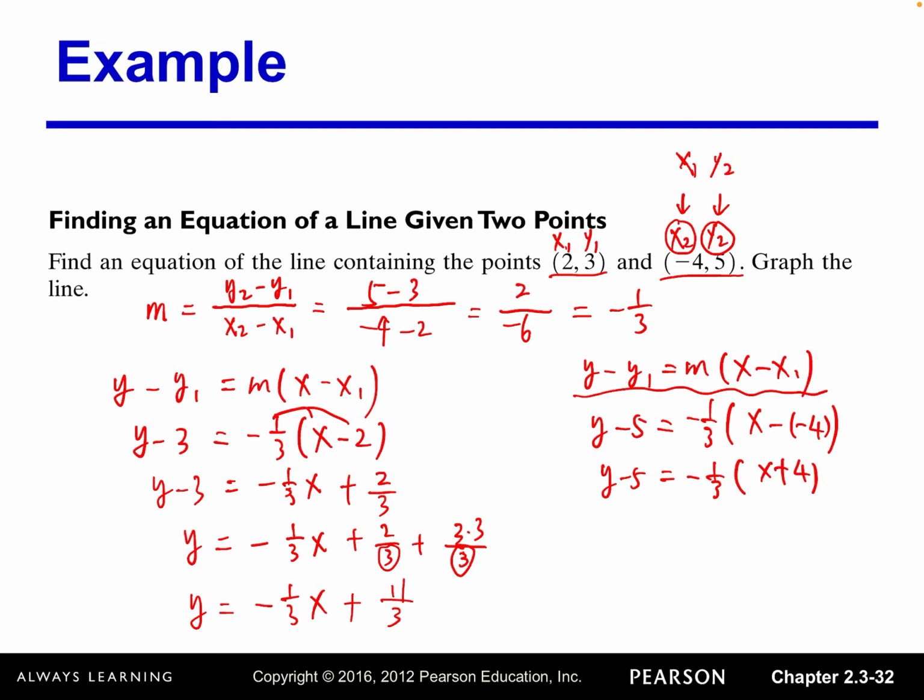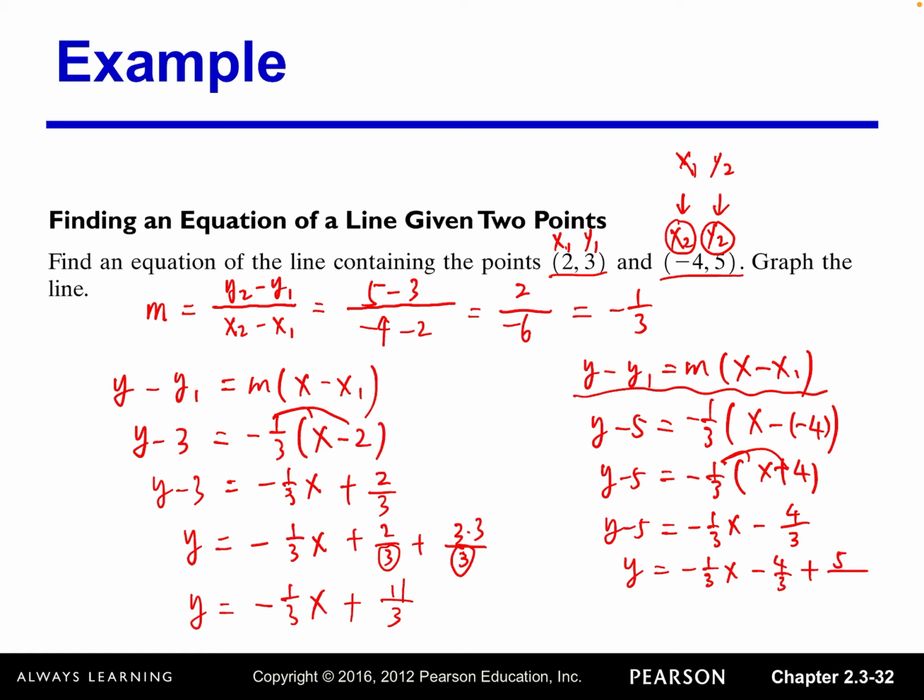Minus negative, be careful, the sign needs to be changed. So that's x plus 4, and then by the distributive property, y minus 5 equals -1/3 of x minus 4/3. And then add a 5 on both sides of the equation. We get y equals -1/3 of x minus 4/3 plus 5.